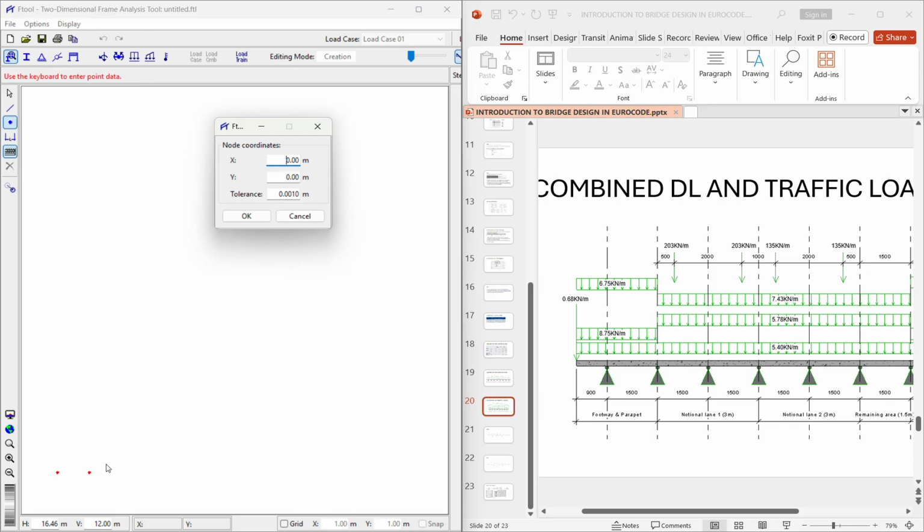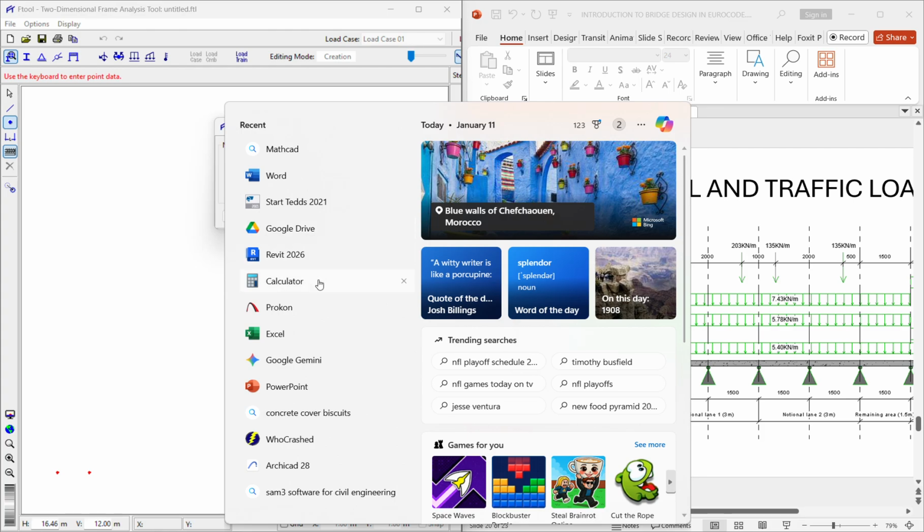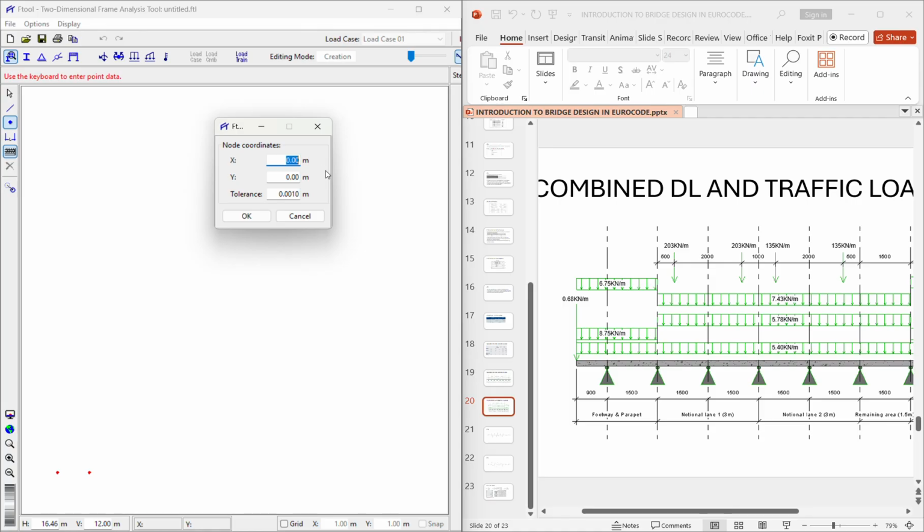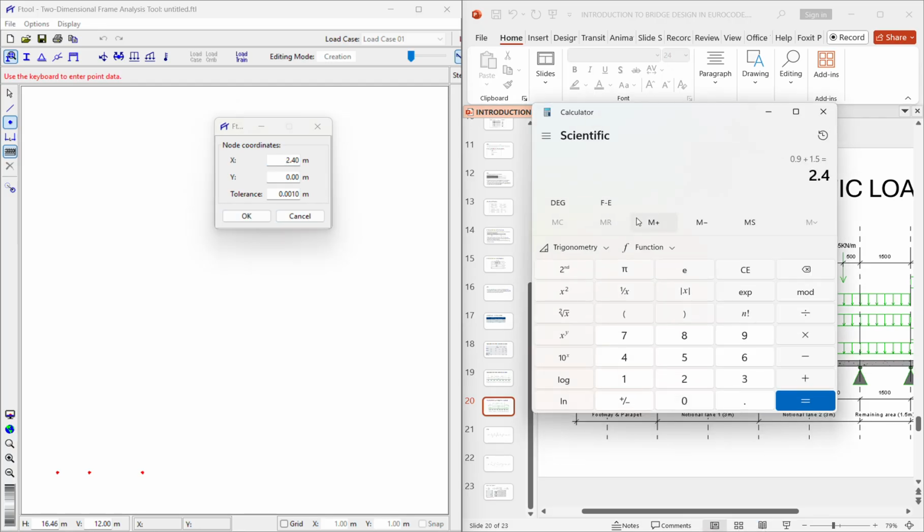This is 0.9, and then the next point shall be 0.9 plus 1.5, 2.4. The next point shall be plus 1.5, 3.9.